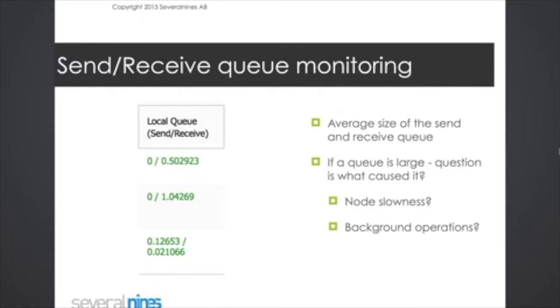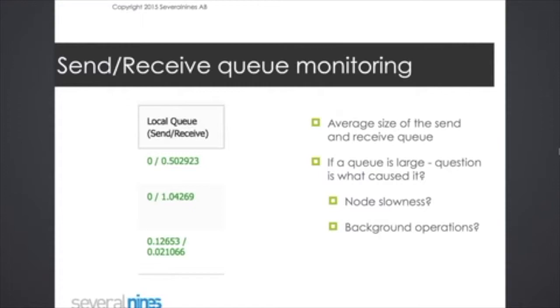Send and receive queue monitoring. So this column in cluster control gives us the average size of the send and receive queue. Those queues are used by a Galera node when, for some reason, it can't either send the write sets in a needed manner, or receive them and process them.